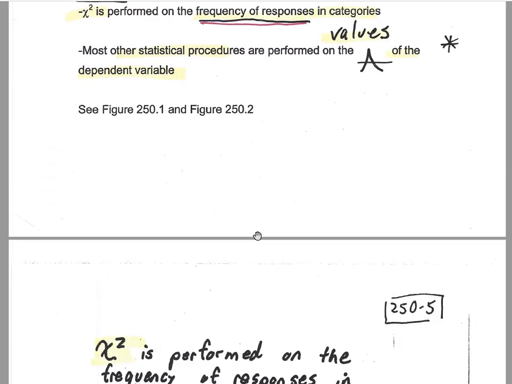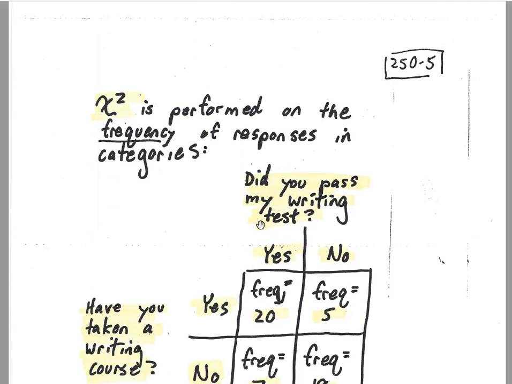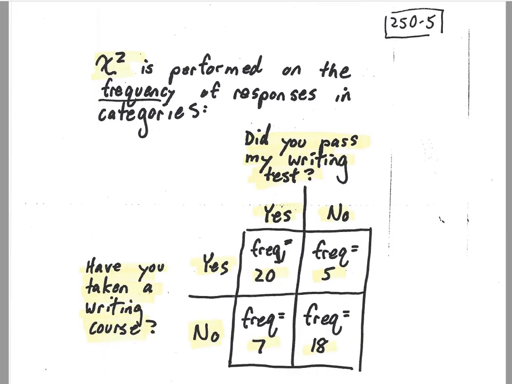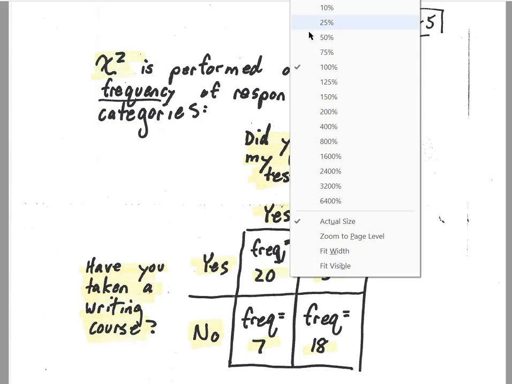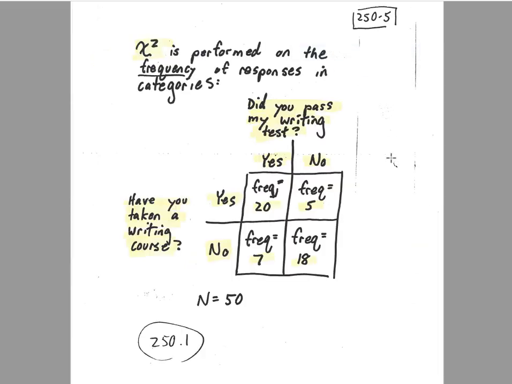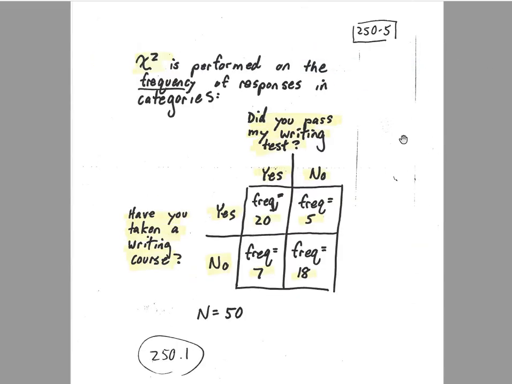Let's give you an example of what I mean by frequency of responses in categories. Let's back off on this a little bit so we can get it all on the screen. Page 250-5. Chi-square is performed on frequency of responses in categories. Imagine our university has some kind of competency test that students have to pass before they can graduate.